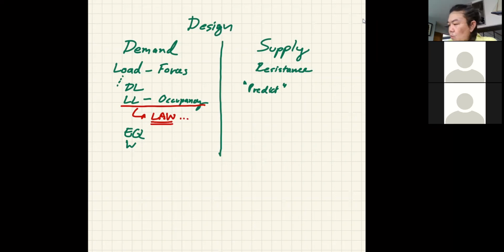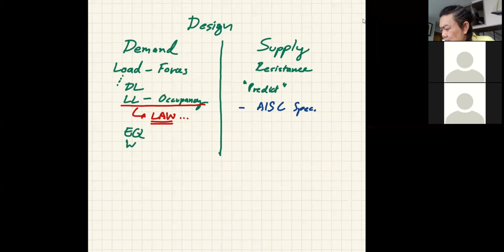Okay, and generally what we can use to predict would be, from the help of the formulas in AISC, AISC specification, which I don't know if I posted, but I believe I did. Right now we're up to the year 2016, I believe. Okay, you can use the guidelines and the formulas provided by the AISC spec to predict the strength of your structure. And in this case, we of course are talking about the steel structure because we are in the steel design class.